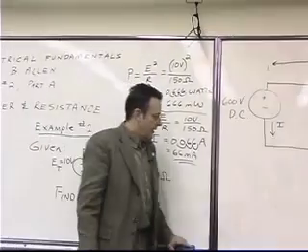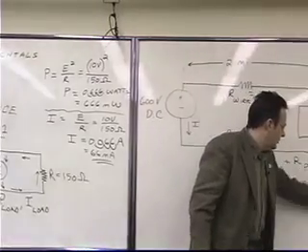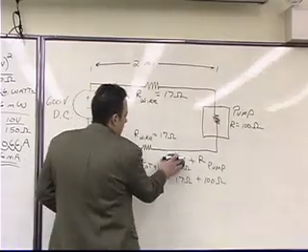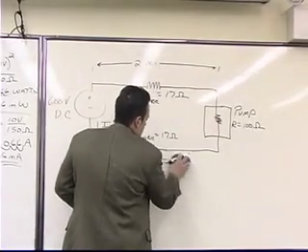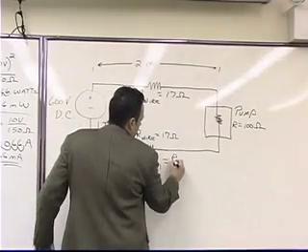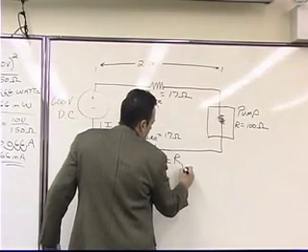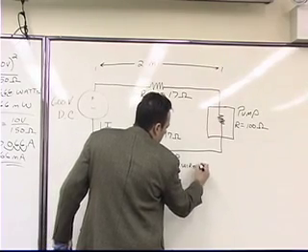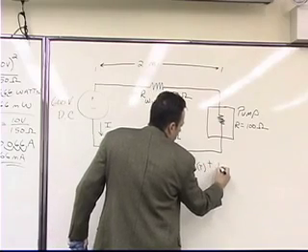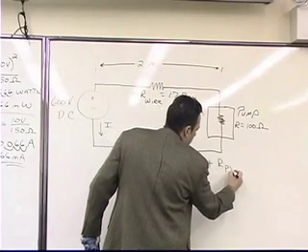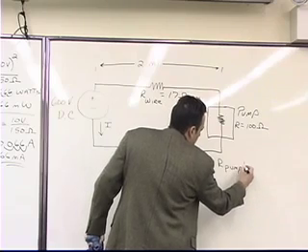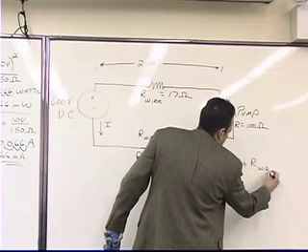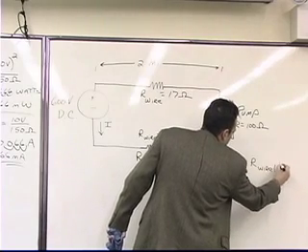And so the total resistance of the circuit is going to be equal to the resistance of the wire on the top plus the resistance of the pump plus the resistance of the wire on the bottom.